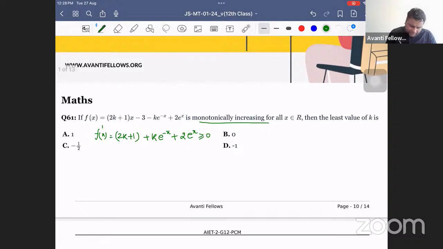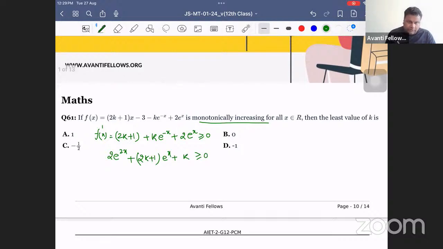Got it? So multiply this equation by e to the power x. You get 2 e to the power 2x plus (2k+1) into e to the power x plus k, which should be more than or equal to 0.